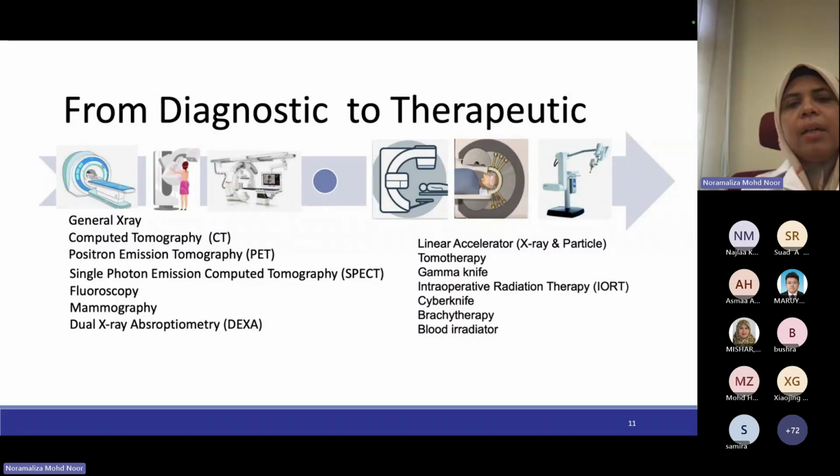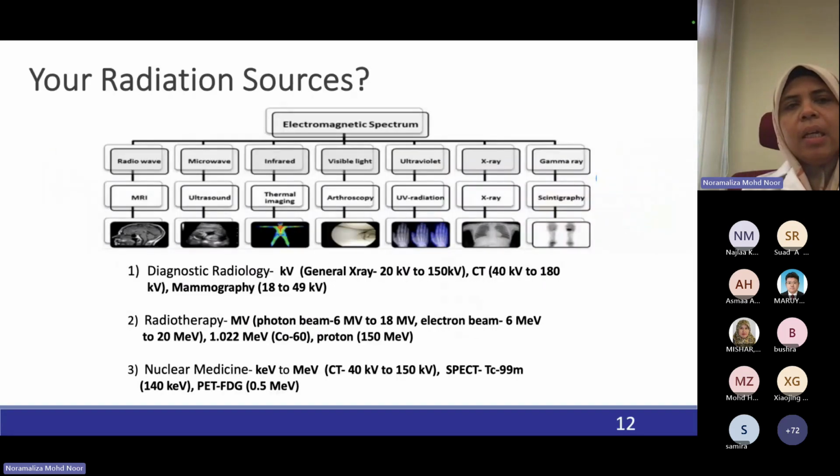All of these modalities really depend on the different purpose and different disease. That's why you need to know what the source of your radiation is. In diagnostic radiology, because the aim is just to image the disease, usually we use the kV range, kilovoltage range.